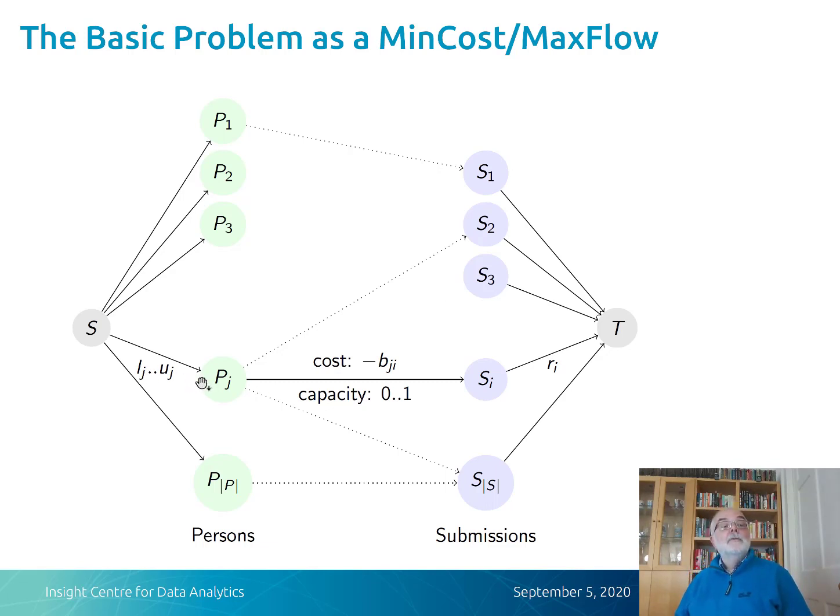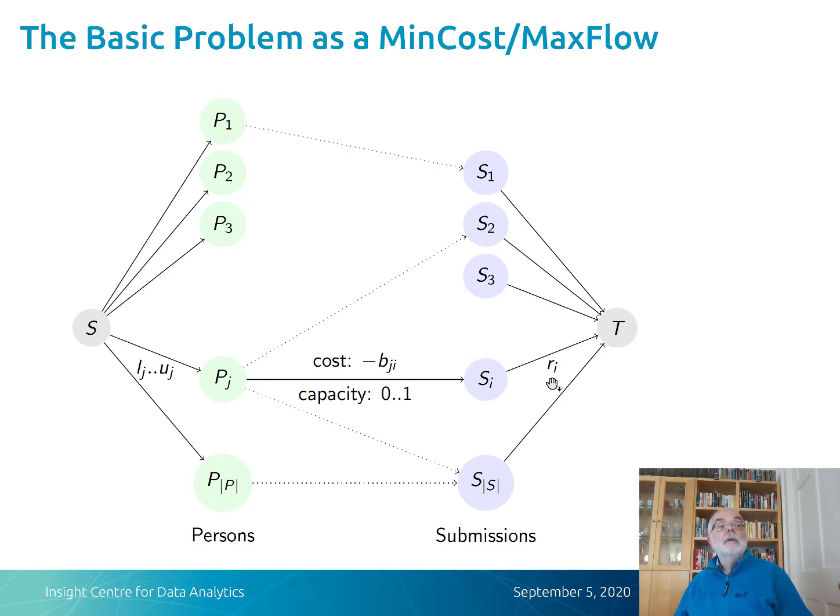And each reviewer has a lower bound and upper bound on the capacity, the number of papers that they can review, and every paper should be reviewed by a certain number of reviewers to have a fair evaluation. And what we want to try here is find an assignment that maximizes the satisfaction of the preferences while finding a solution that respects all the constraints.